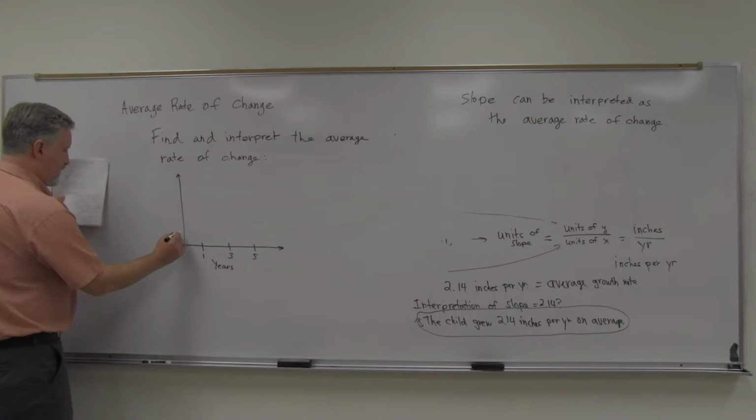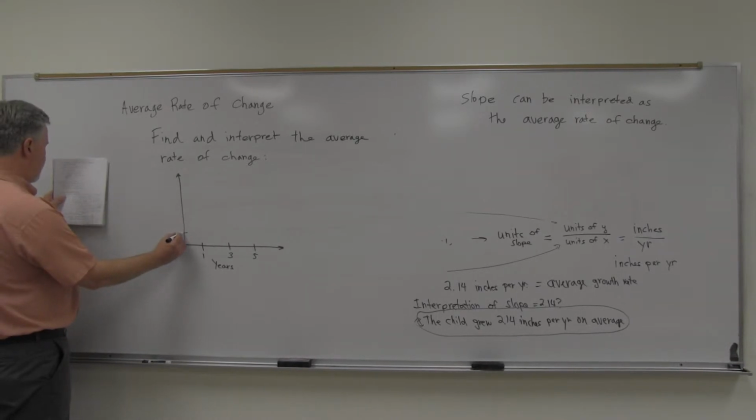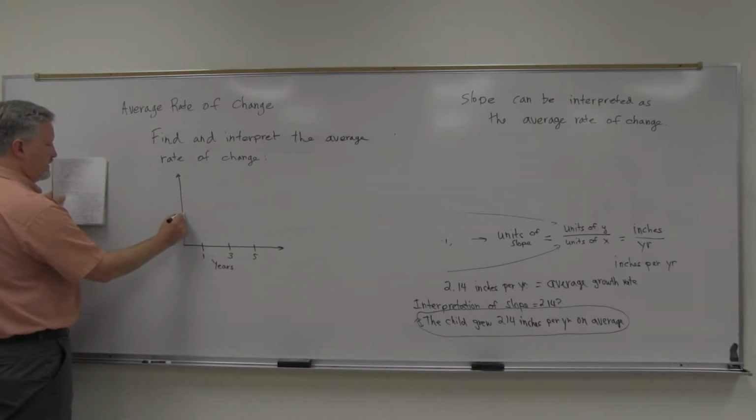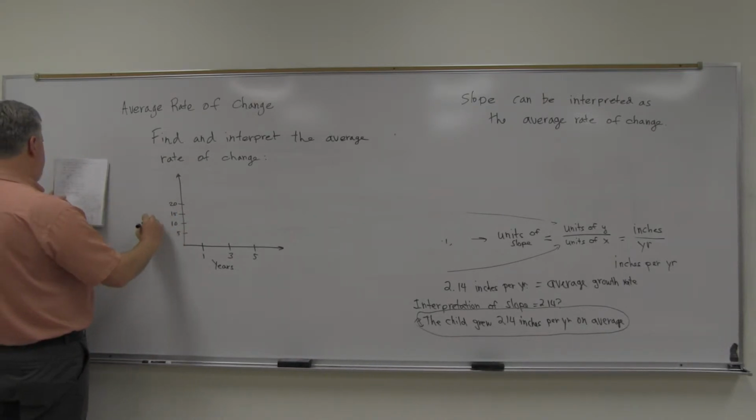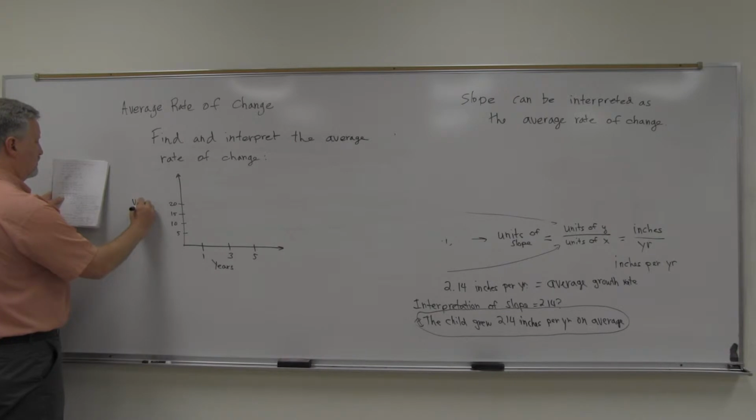Then over here I'm going to go in 5s: 5, 10, 15, and 20. And that stands for the value of a car, in thousands of dollars.